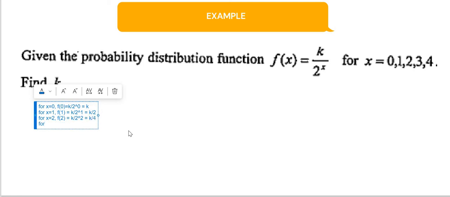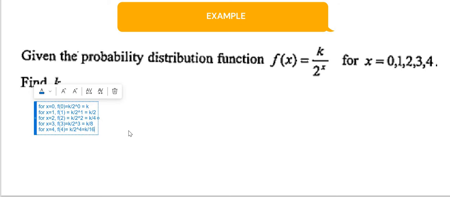Then for x equal to 3, f(3), k over 2 power of 3, so it will be k over 8. And the last one is for x equal to 4, f(4) equal to k over 2 power of 4, so it will be k over 16.